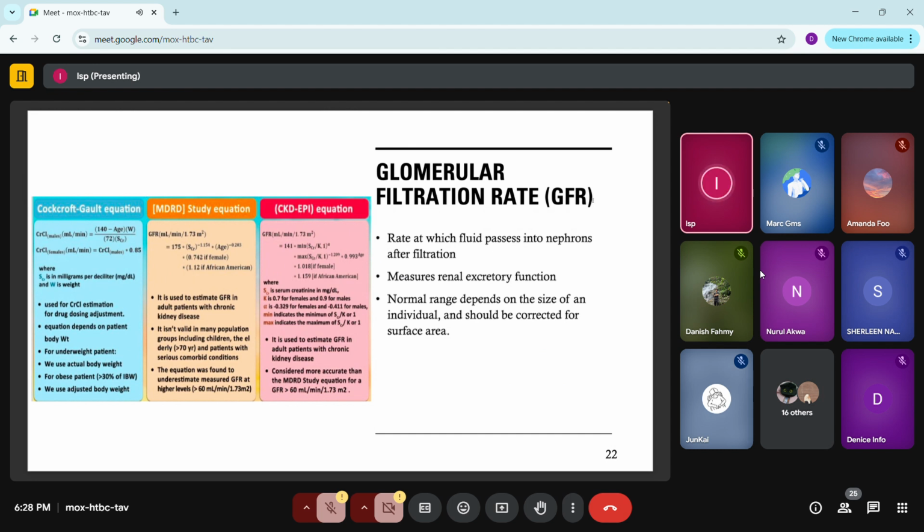This filtration rate is more representative and more reliable for measuring kidney function. The formula takes into consideration the patient's age group, male and female. It standardizes our renal excretion function to make it more reliable when taking the creatinine into account.